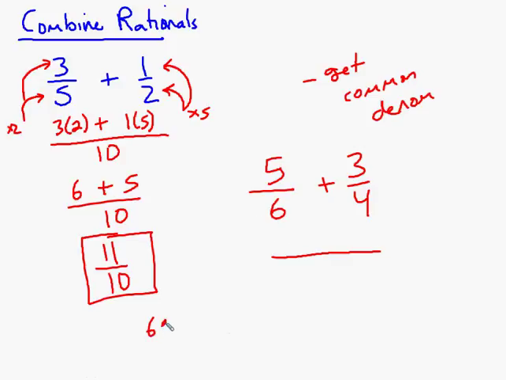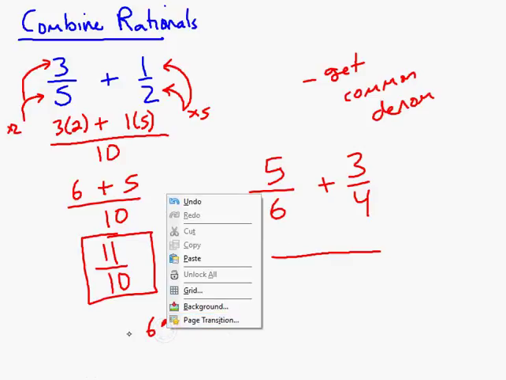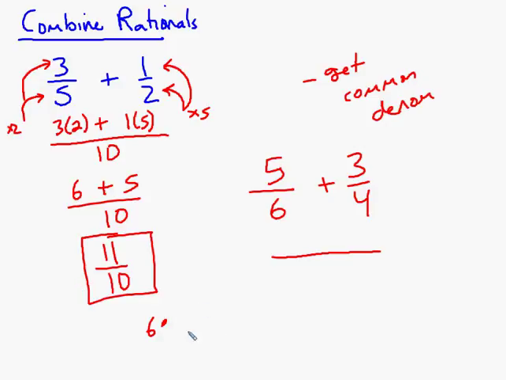One way is to look at the factors of 6 and see that the factors of 6 are 2 and 3. If I prime factorize the 4, the factors of 4 are 2 and 2. And I see that the least common denominator is the least common multiple.